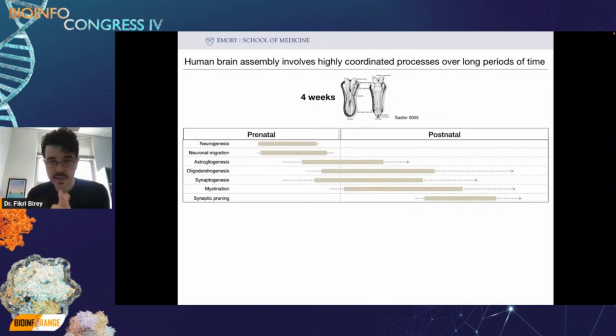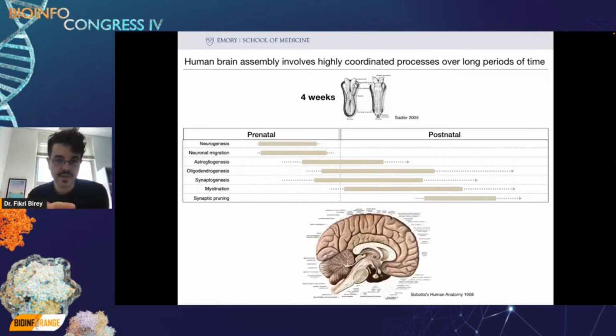You can see here in the schematic that some of them really do take place well after birth. For example, neurogenesis and migration take place largely in utero, prenatally, while myelination, synaptic pruning, etc., take place largely after birth, really resulting in this immensely sophisticated and functionally compartmentalized piece of tissue.